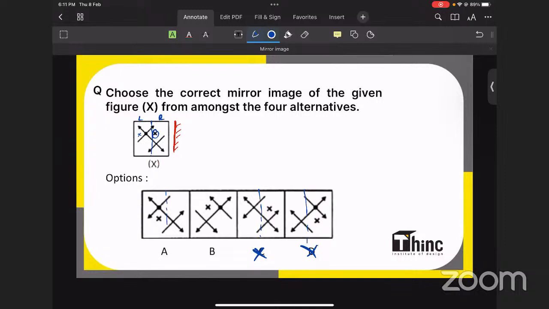You can check this option also. It is on the right side. Merely observing the position, you can easily remove option A. So finally, option B. Without any difficulties, we can easily solve this by simply looking at elimination of options.